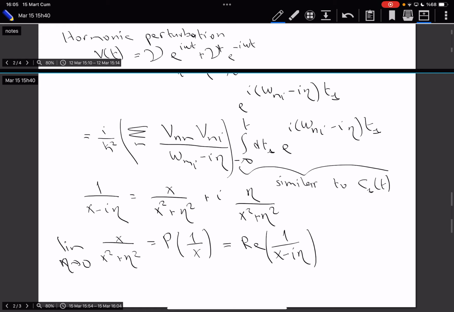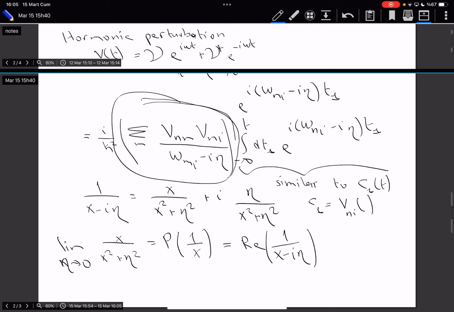And hence this is nothing but just, and remember in C1 we had V_in times something. Now the only thing we need to do is to add this term to this V_in.